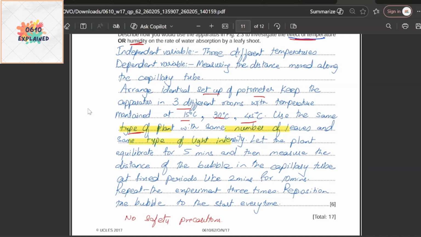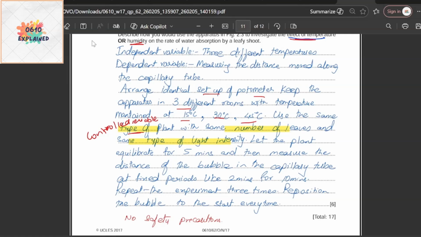All this will be your controlled variables. You are supposed to write at least three controlled variables in your experiment. So here we spoke about the type of the plant, the number of the leaves, and the same type of light intensity.